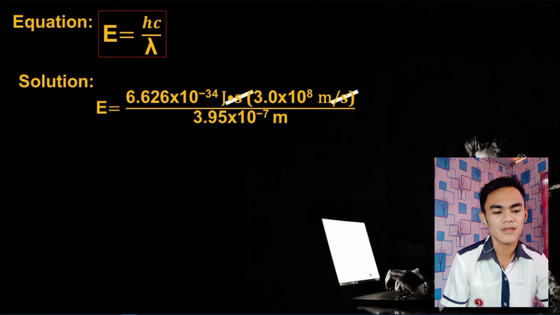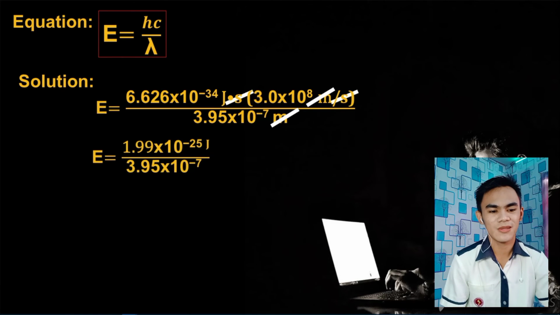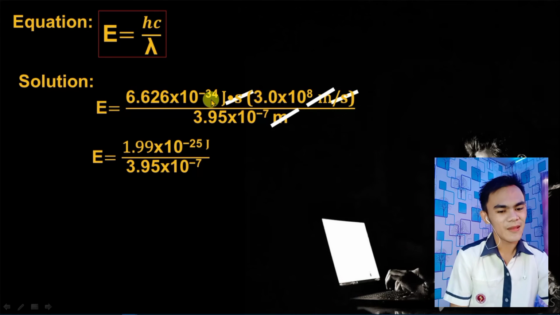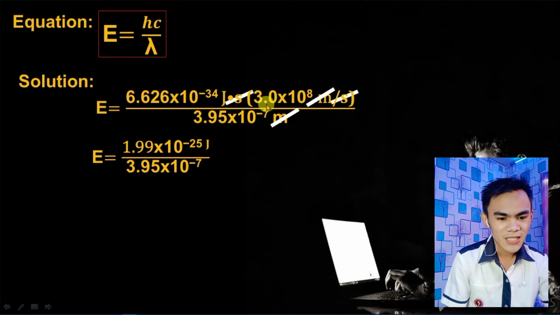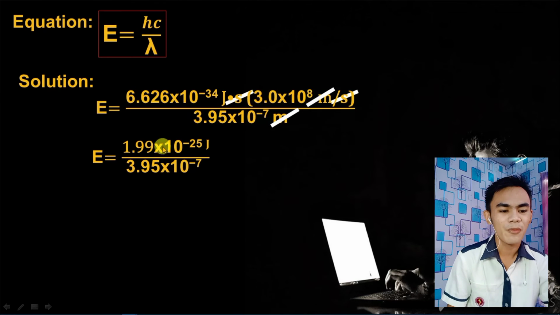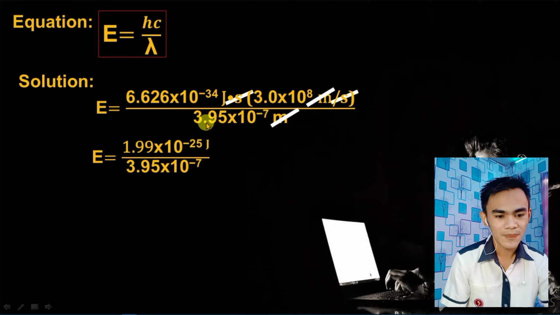Now let's cancel the same units: we have seconds and seconds, and meters and meters. So we have joules remaining. We have 6.626 times 10 raised to the power of negative 34 joules times 3.0 times 10 raised to the power of positive 8, and that is equal to 1.99 times 10 raised to the power of negative 25 joules.